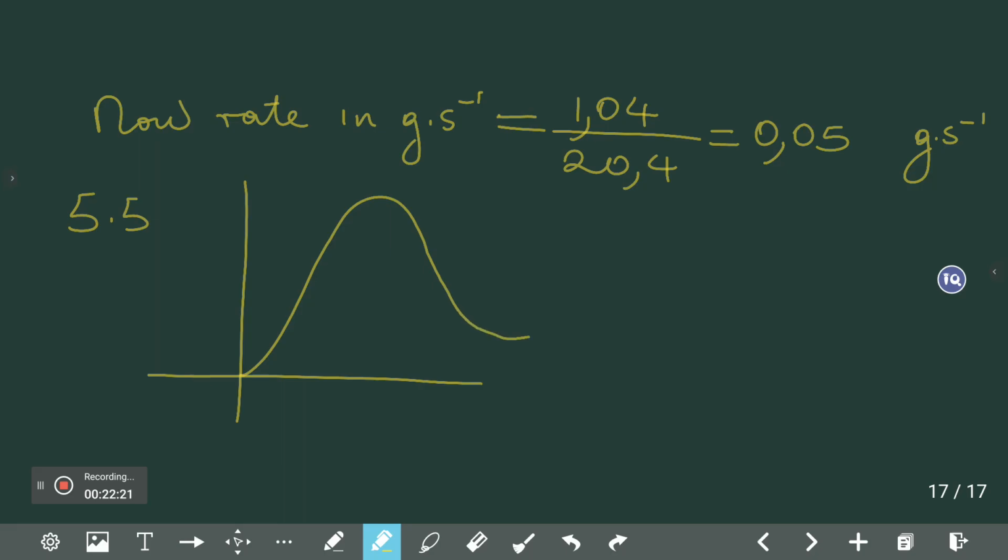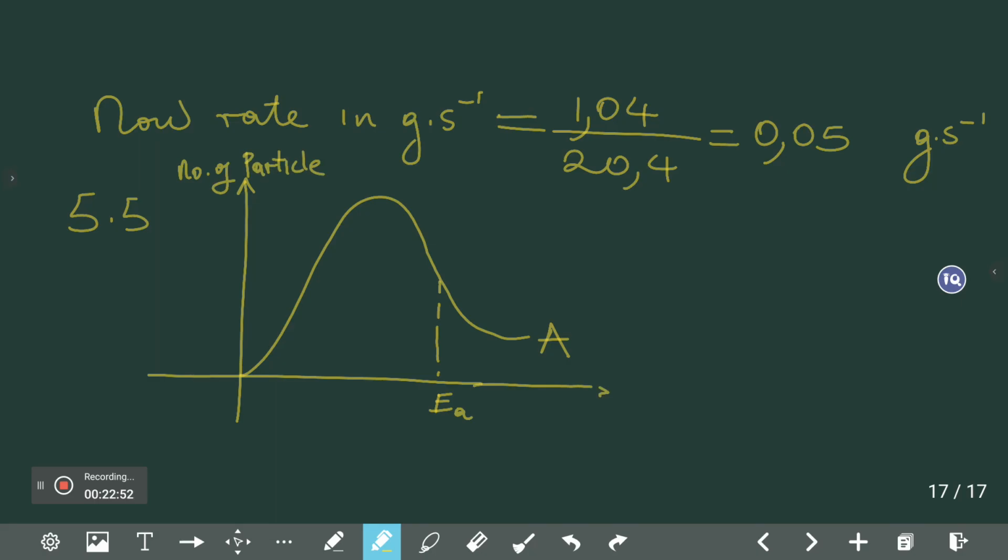Now, on the same axis, this is the number of particles and this is the energy. Then we are going to draw the next one at a higher temperature.